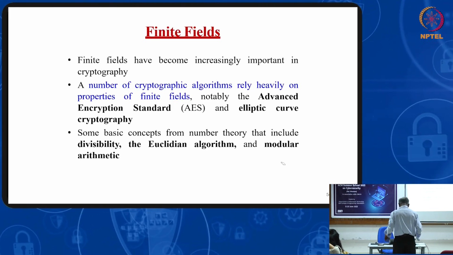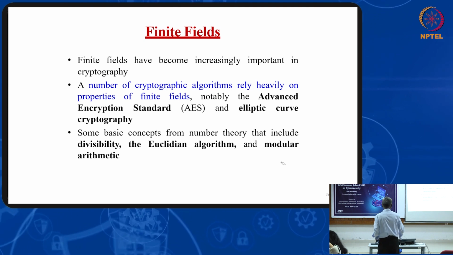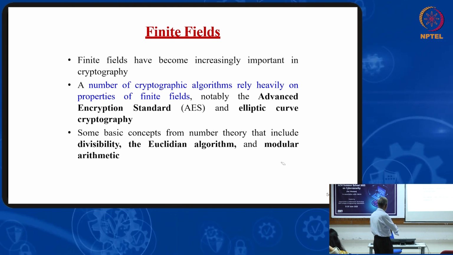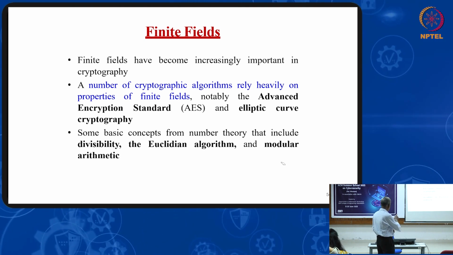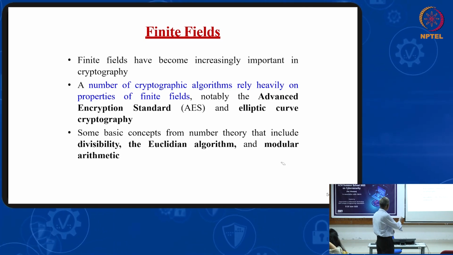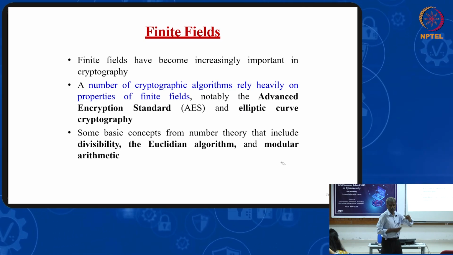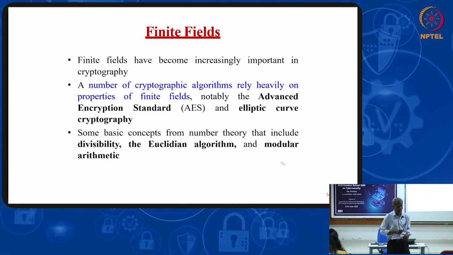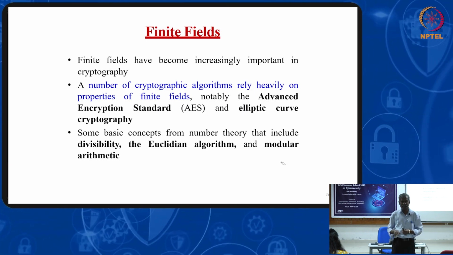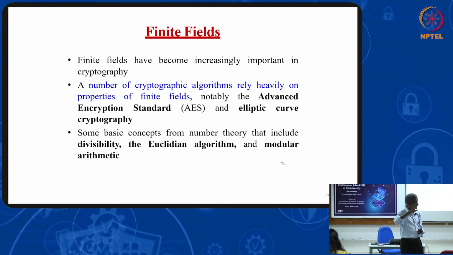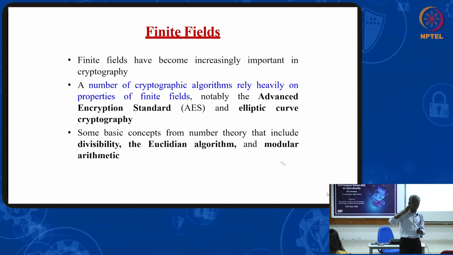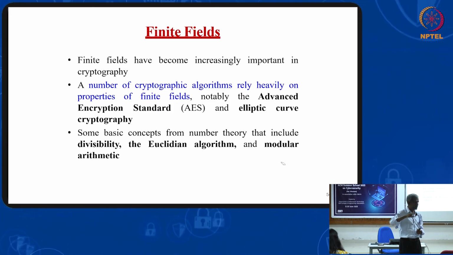So this AES algorithm and the elliptic curve cryptography both are using finite fields only. These two are the most powerful algorithms. In symmetric cryptography, the AES algorithm is the powerful one. In public key cryptography, elliptic curve cryptography is the most powerful algorithm.